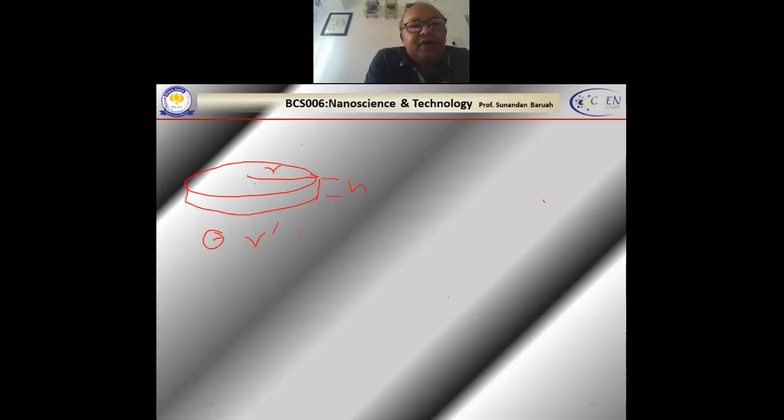Now what you have to find out is that if we coat the tablet on all sides with this nanoparticle, that means we put one layer of this nanoparticle on all sides of the tablet, something like this.